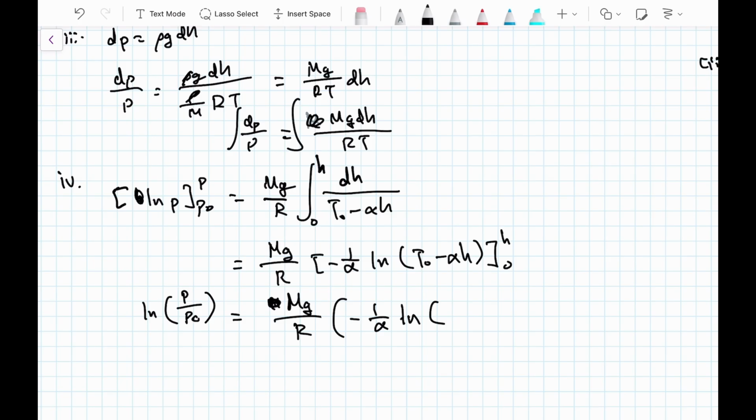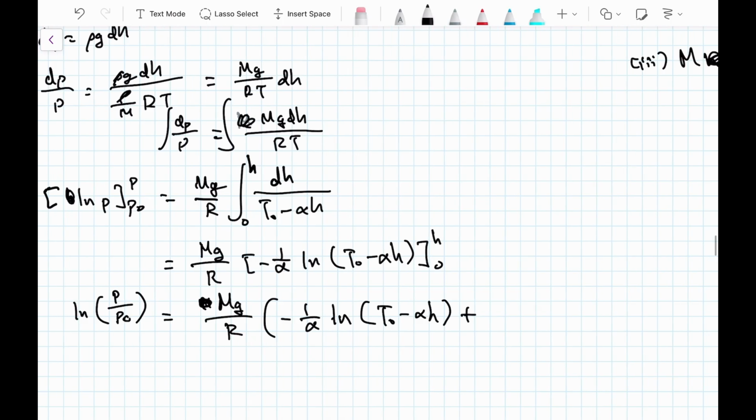It's technically, okay, I'm going to write this out first. And then it's minus, which is plus 1 over alpha ln of T0.